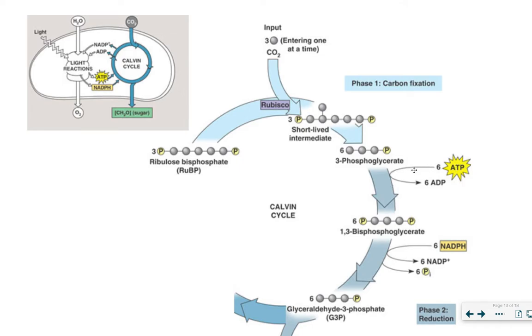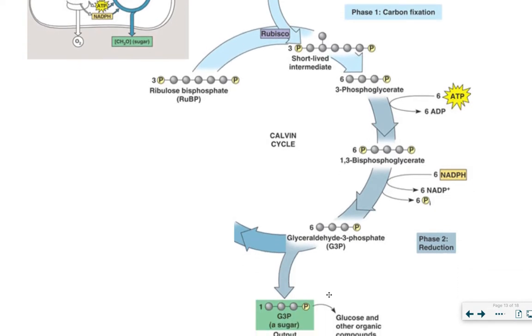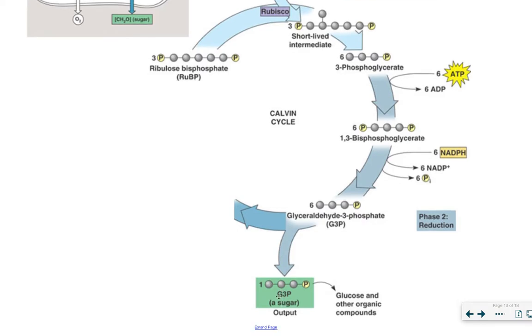So with the investment of 6 ATPs and 6 NADPHs, these intermediates will be continuously reduced into the product of G3P. Now pay careful attention to the fact that there are 6 molecules of G3P produced, and only one of those G3P molecules will actually be outputted from the Calvin cycle and used to eventually make glucose by the cell.